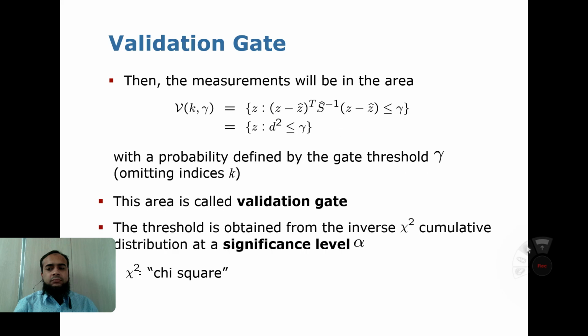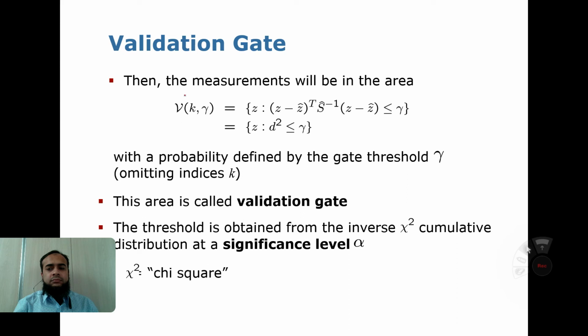Then the measurements will be in the area. How do we calculate the area? If the shape of the validation gate is an ellipsoid, then what will be the area? Here is the formula for the area.